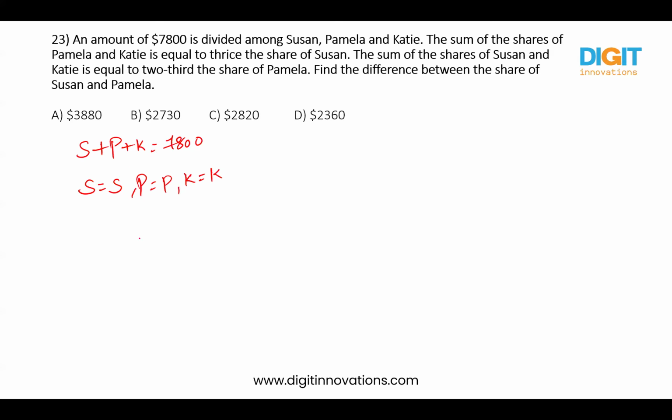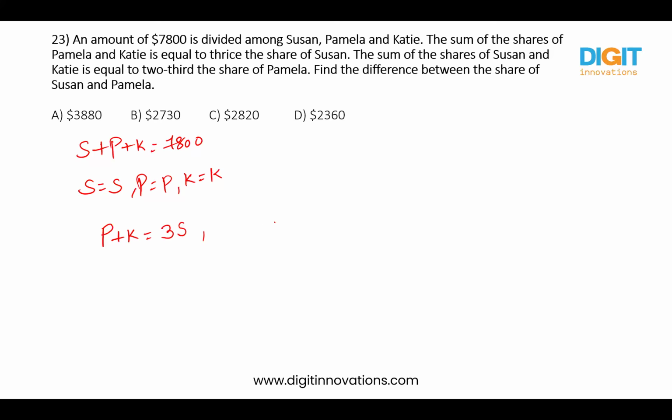Now write the sentences as equations. The sum of the shares of Pameli and Cathy, sum means plus. So P plus K is equal to 3S.